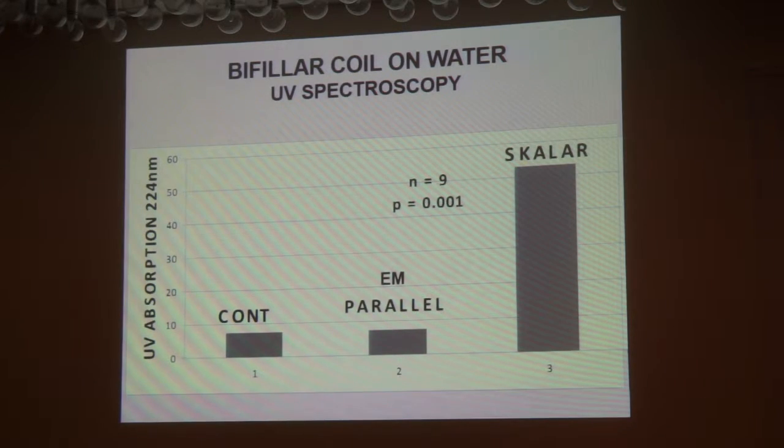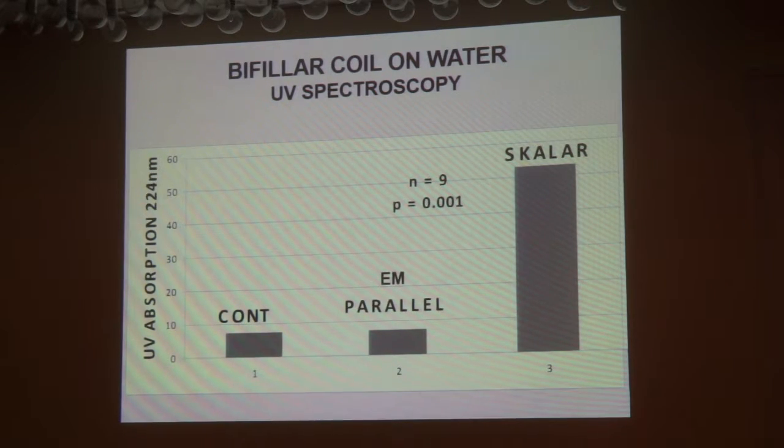This slide shows the absorption at 224 nanometers, and the electromagnetic coil, where the non-cancellation in this particular experiment had no effect, and the cancellation solenoid produced a relatively large effect in the absence of an A field and a B field.